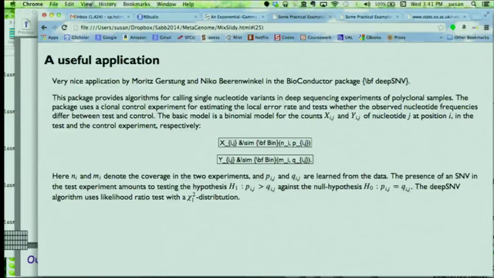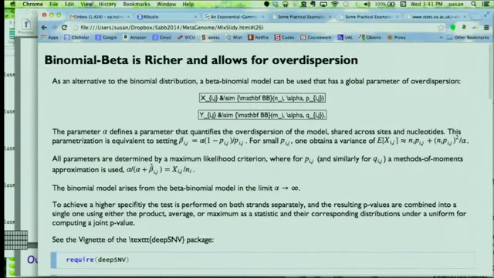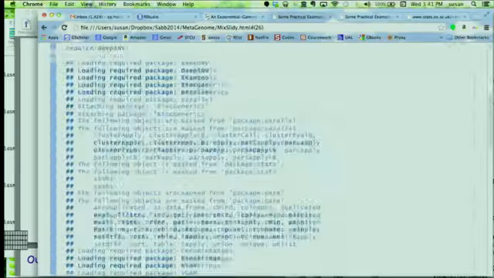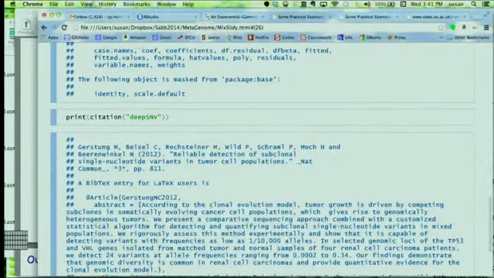They're going to be different according to the counts, the position and the nucleotide. It's a very good example if you're looking for a realistic mixture model, because this one works very well. So this is the beta binomial that he uses.